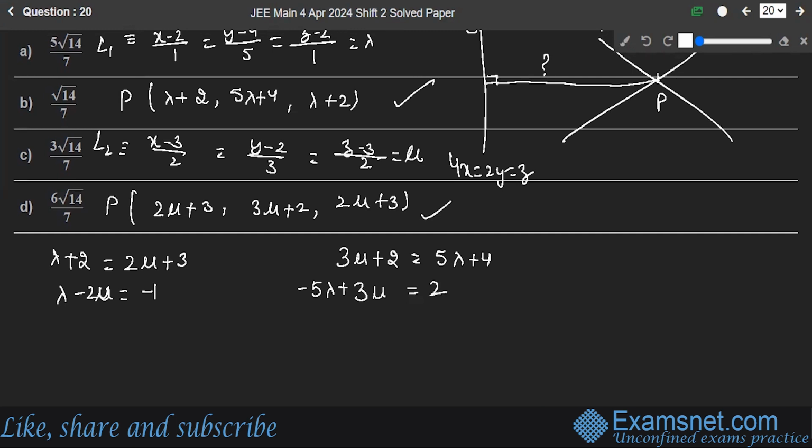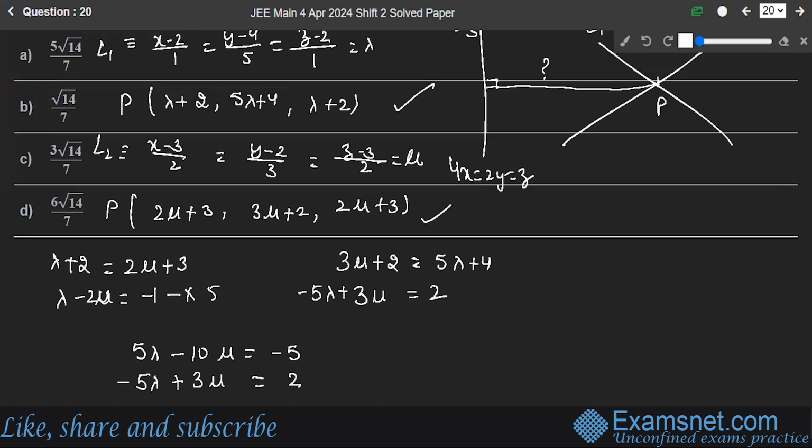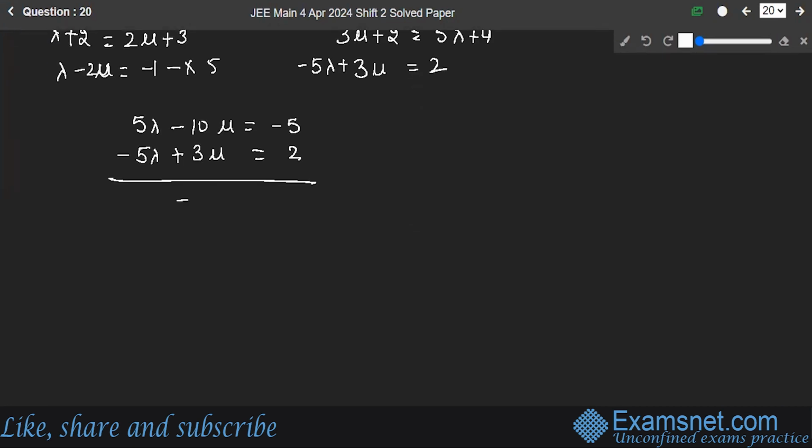Let's multiply this equation by 5 and solve both of them simultaneously. So you will have 5 lambda minus 10 mu equal to minus 5, and minus 5 lambda plus 3 mu equal to 2. Adding both of them, this will give me minus 7 mu equal to minus 3.